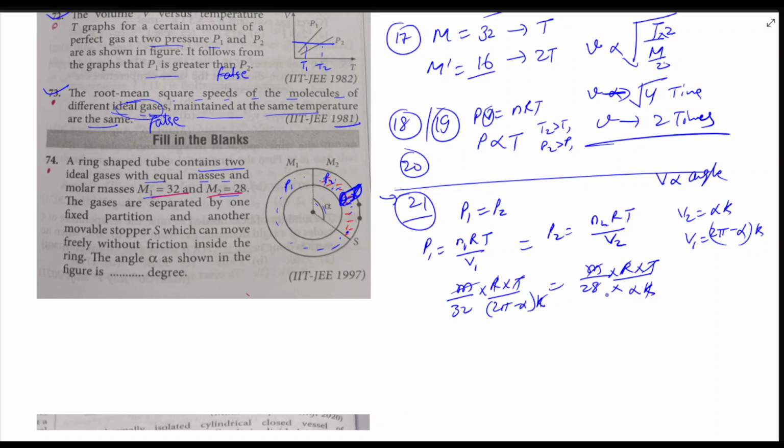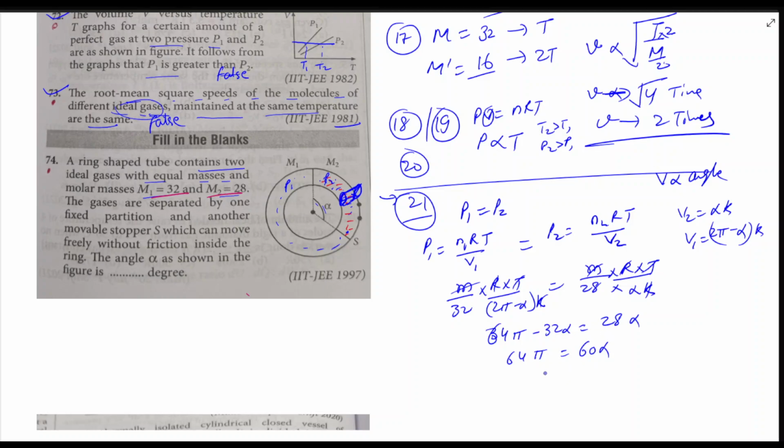If you cross multiply, this will be 32 into 2 pi, that is 64 pi, minus 32 alpha, equal to 28 alpha. So 64 pi will be equal to 60 alpha.